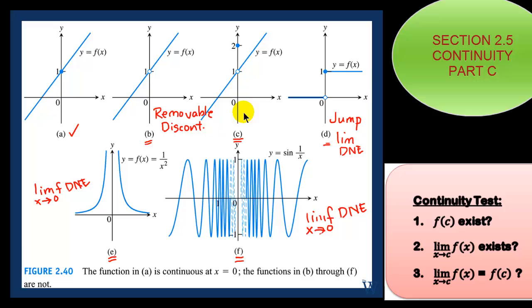Both of these are removable. But for D, E, and F, because the limit does not exist at the point x equal to 0, or arbitrarily x equal to c, we don't even consider it a removable discontinuity. So we can only remove the discontinuity if the limit exists.